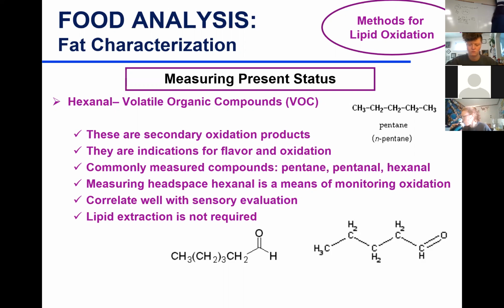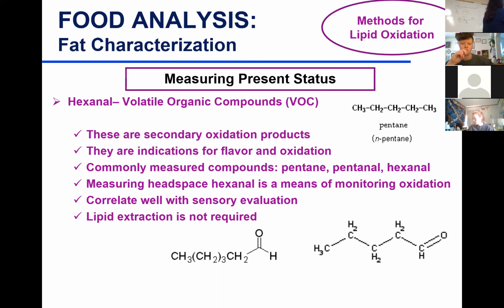We measure this by GC-FID, and we can determine the amount of hexanal. Obviously, we need a standard, and we can quantitate hexanal or other commonly measured volatile compounds such as pentane and pentanal.